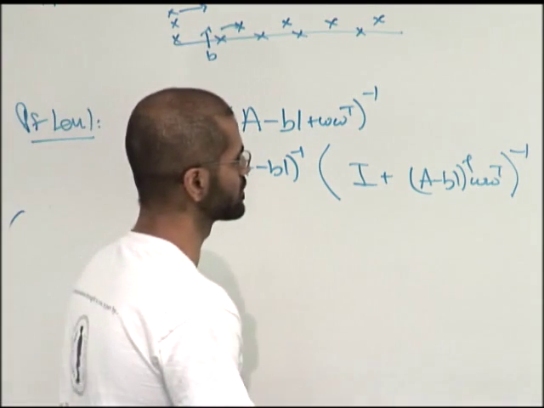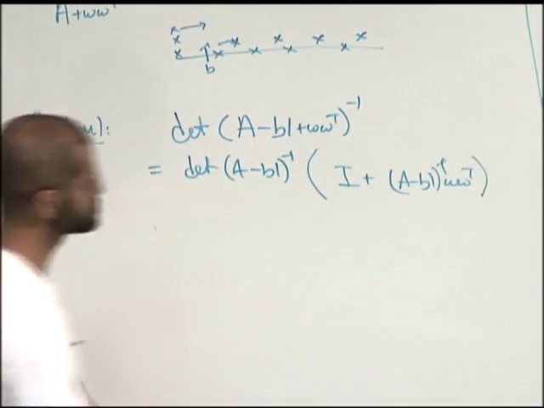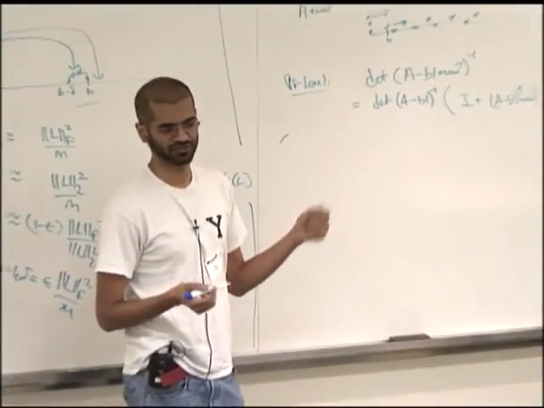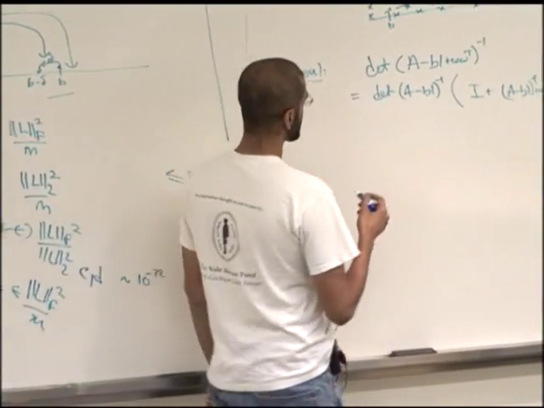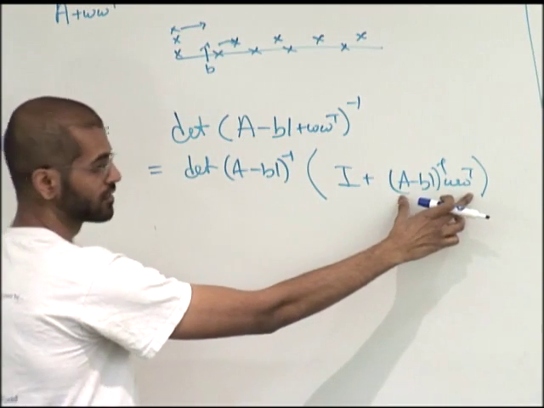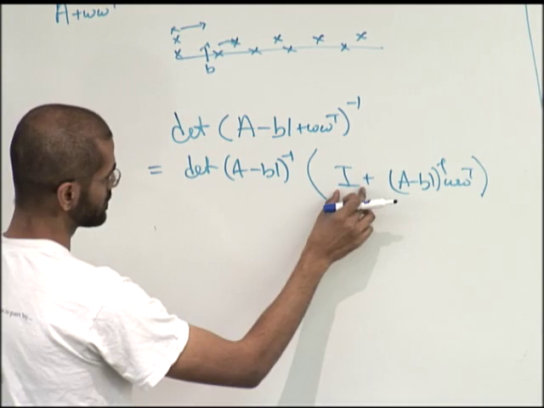This is just because the determinant of AB is the determinant of A times the determinant of B. Now, this is a rank 1 matrix added to the identity.